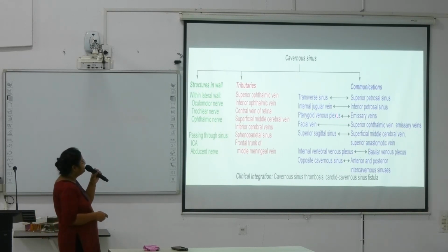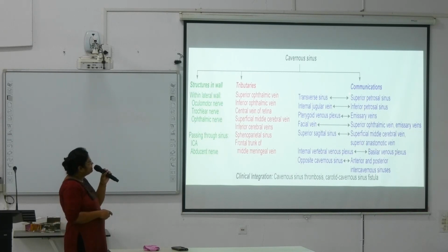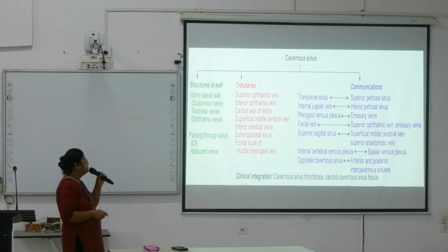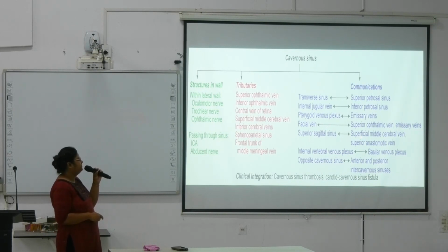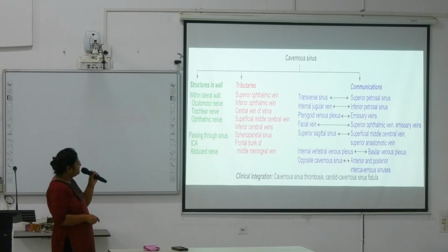And these are the connections: to the transverse sinus via the superior petrosal sinus, to the internal jugular vein via the inferior petrosal sinus, to the pterygoid venous plexus via emissary veins, to the facial vein via the superior ophthalmic vein, and to the superior sagittal sinus via the superficial middle cerebral vein and the superior anastomotic vein.